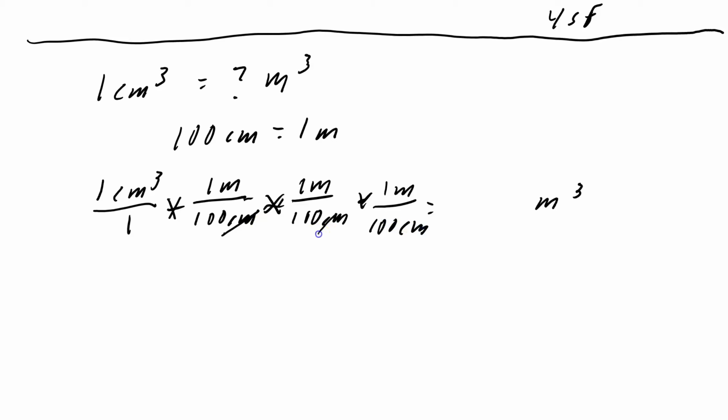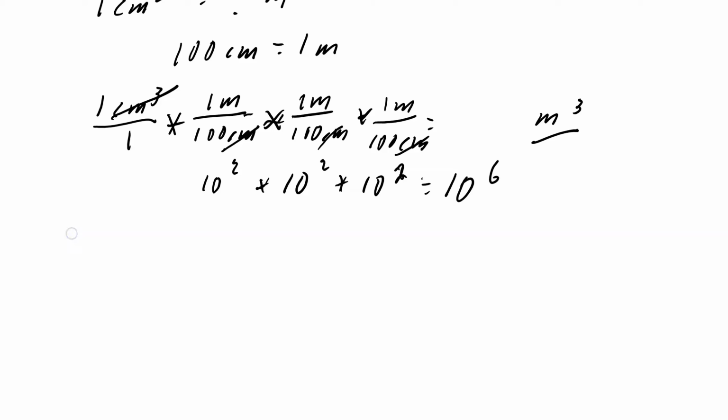Now I've got 1, 2, 3 centimeters downstairs. That cancels my 3 centimeters upstairs. Meters times meters times meters gives me cubic meters. So downstairs, I've got 10 to the 2nd times 10 to the 2nd times 10 to the 2nd, which is equal to 10 to the 6th. So that tells us that we have 10 to the 6th cubic centimeters in 1 cubic meter.